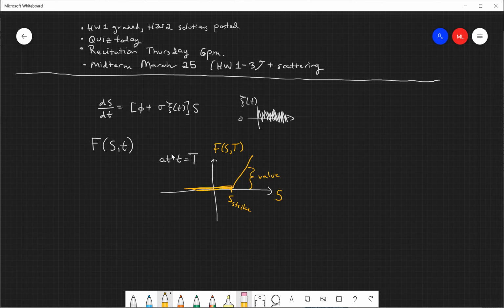And what the Black-Scholes equation does is it just tells you what the price of a stock option should be at previous times before the expiration date. And that's how the Black-Scholes equation is used. It's used by hedge funds and so-called market makers to figure out what they should sell stock options at.